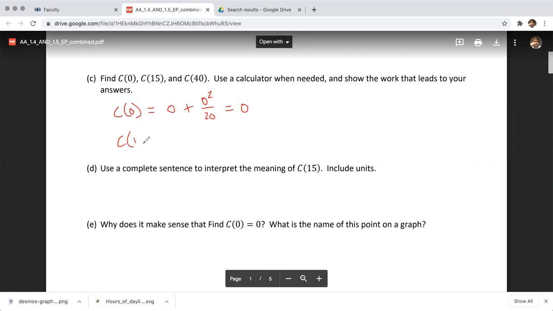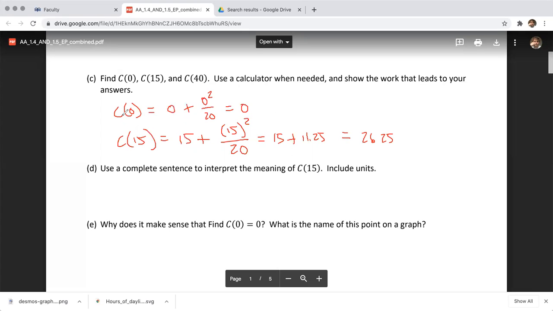C of 15 would be 15 plus 15 squared over 20, which is, let's see what 15 squared is. So 15 times 15 is 225, divided by 20 is 11.25. And this equals 26.25.